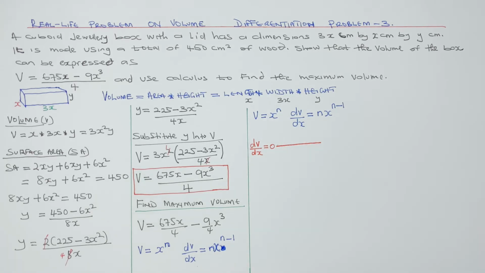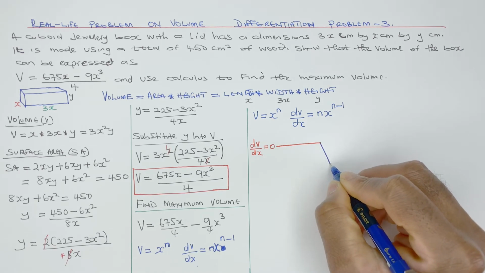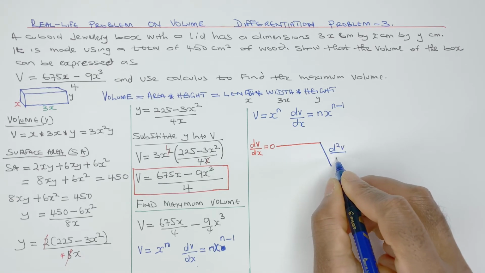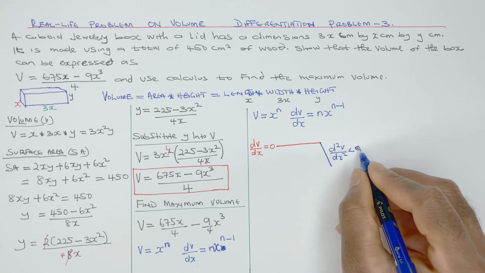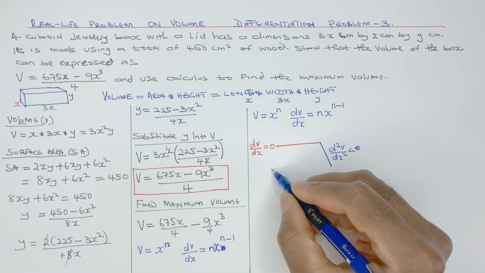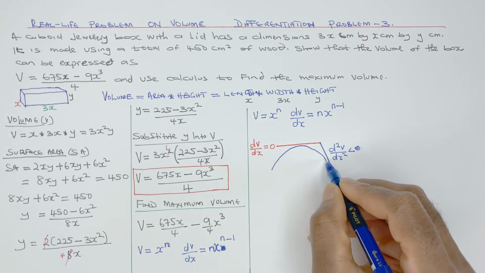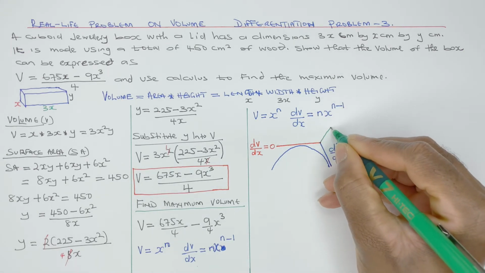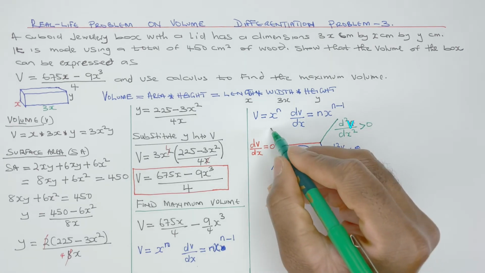Now, if you do the second derivative and your second derivative is negative, then that will be d2V/dx squared, and if it's less than 0, that's a negative gradient. For the second derivative, then it is a maximum. If it was positive, if that's greater than 0, then that will be a minimum.